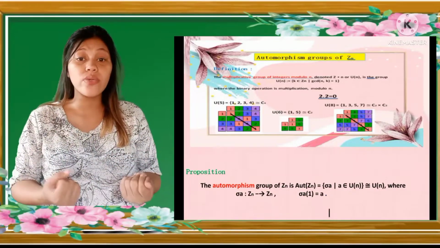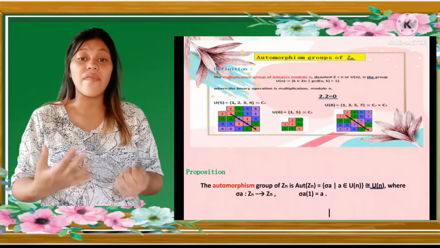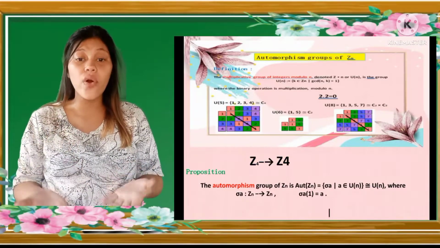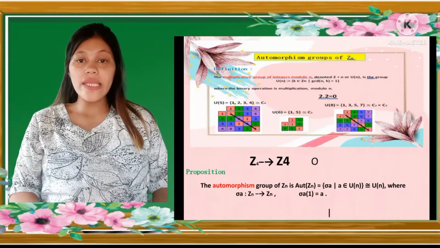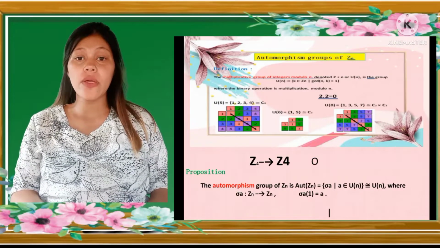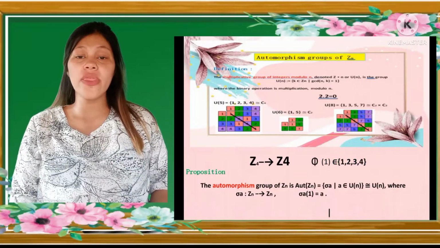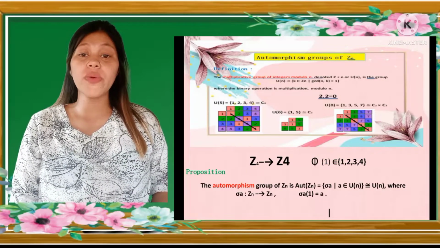So that's what we did previously. We looked at the automorphisms of C4, mapping C4 to C4. It is determined by where it sends 1, and there were 4 possibilities: 1, 2, 3, 4, and that's because those are the numbers in the group U5.